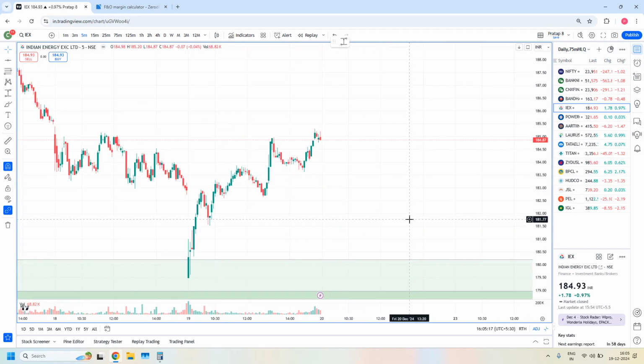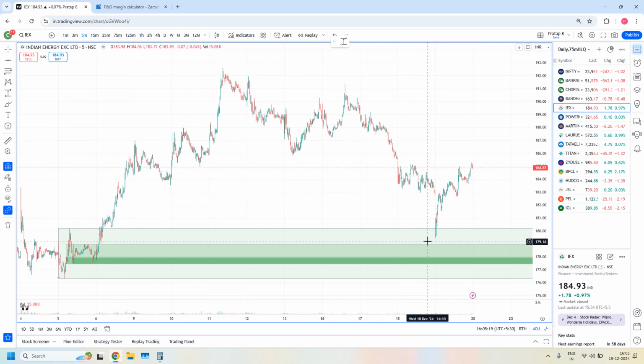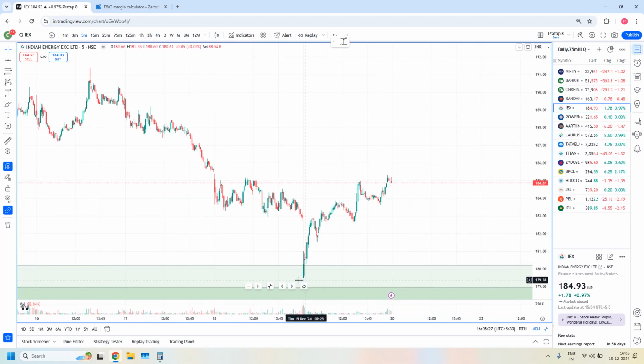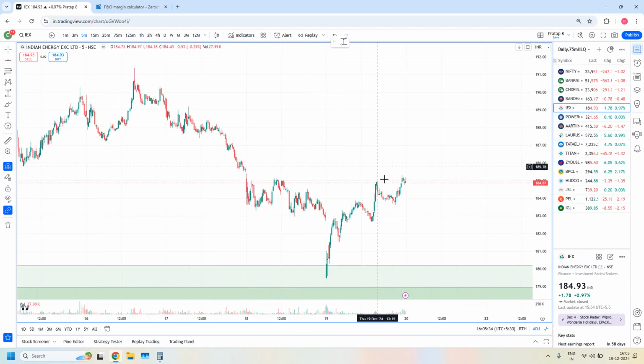But unfortunately, once the market opened at 9:15, prices did not enter. Only in the pre-market, prices started from here, and with a gap up, this is the 9:15 1 minute open price.